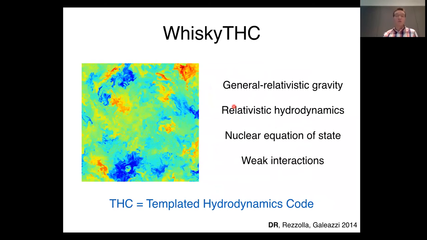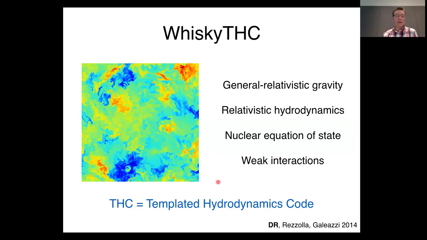It solves the equations of relativistic hydrodynamics, including support for tabulated composition and temperature-dependent nuclear equation of state. And it has a simplified treatment for weak interactions, neutrino cooling and absorption of neutrinos, using a simplified prescription, the leakage scheme.